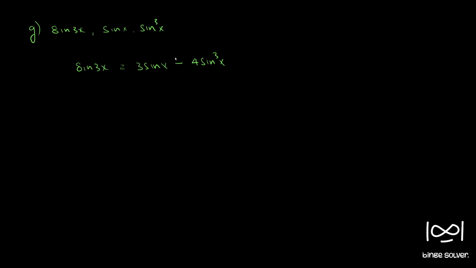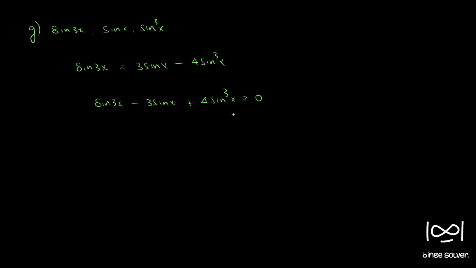Since we can bring everything to the LHS, we say sin 3x minus 3 sin x plus 4 sin cube x is equal to 0.